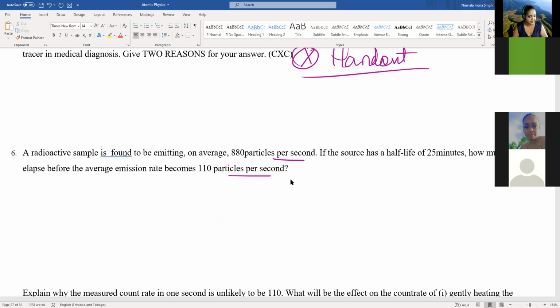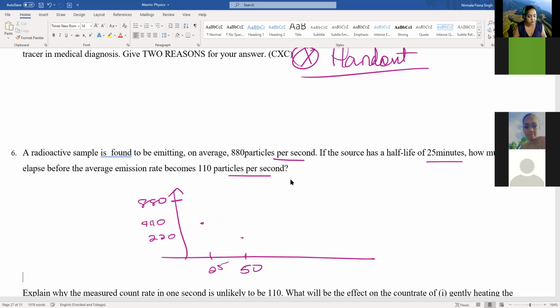So if I had something that has a half-life of, it has 880 particles, and it says a half-life of 25 minutes. So that means after 25 minutes, it will reach 440. After another 25 minutes, so we can put 50, it will reach 220.